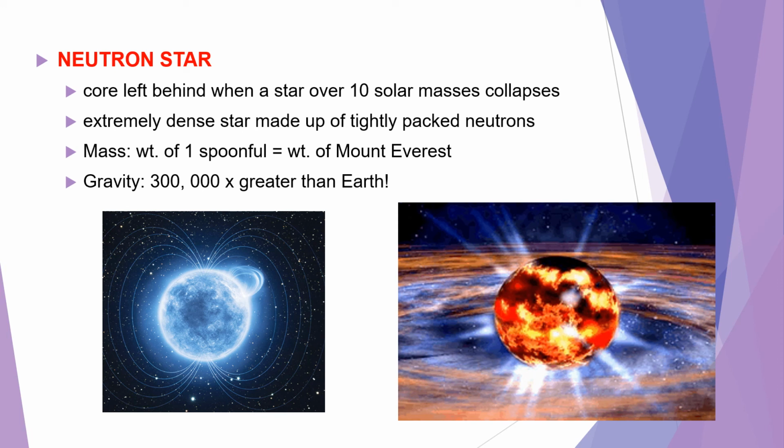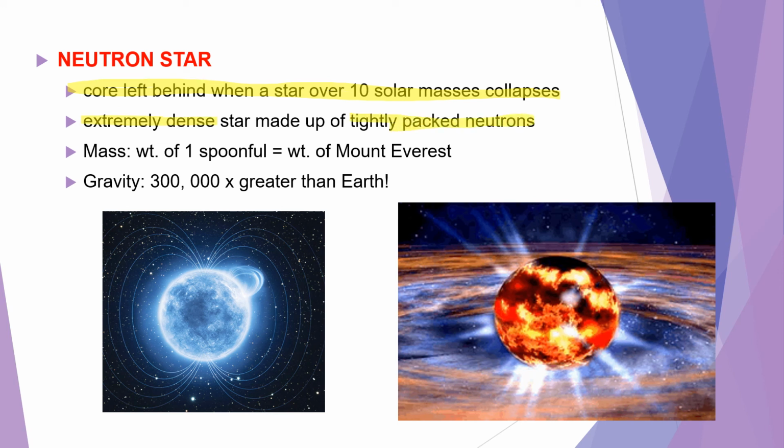This is the core that's left behind when a star over 10 solar masses collapses. Okay, so based off the size, if it's over 10 solar masses, it's going to become a neutron star. It's the core that's left behind. All those layers of gas are gone. It's extremely dense and tightly packed with neutrons.